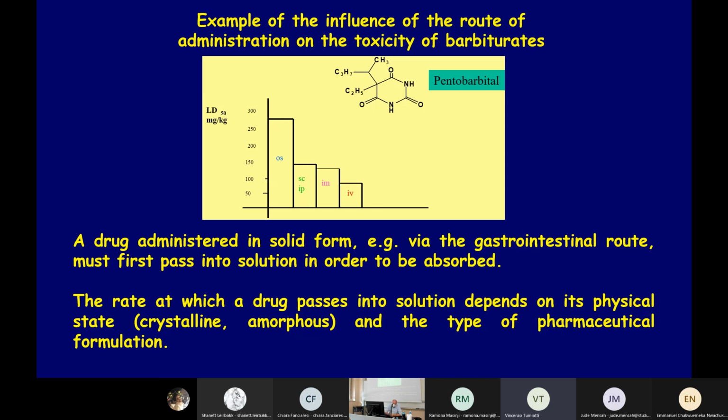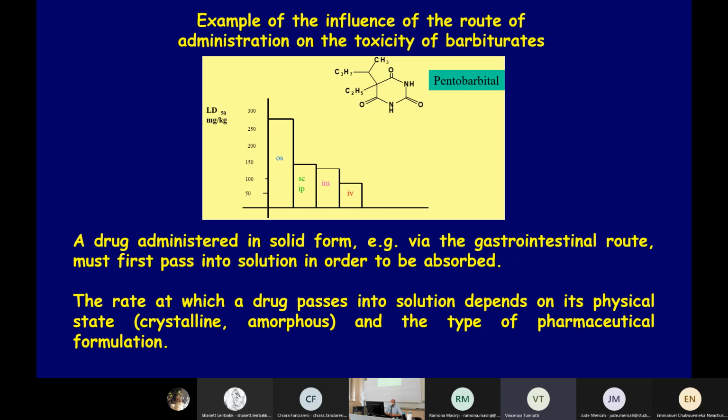In all these ways, the solubilization of your drug in water is very important. If you take the drug orally, the tablet must be dissolved in a water medium.